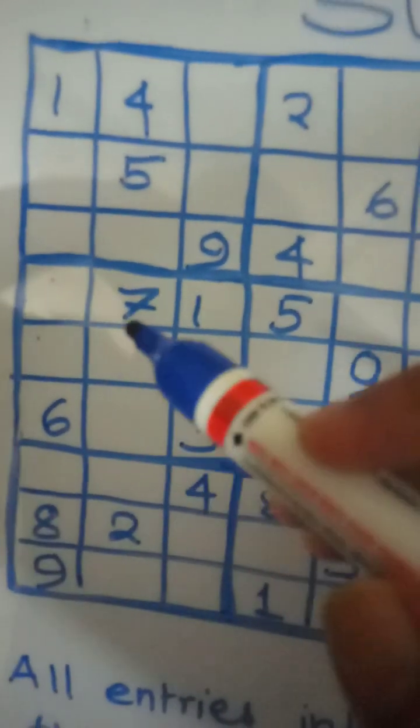So because of the rules, the entry 9 must be only in this middle portion, because this column has taken a 9, this column has taken a 9, only this column is left, the middle column is left. So it must be either here or here, either below the 7 or one more below the 7.